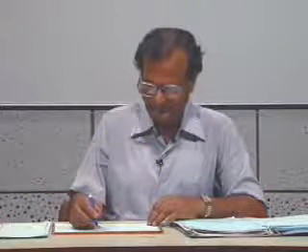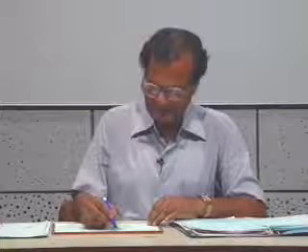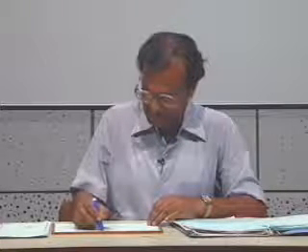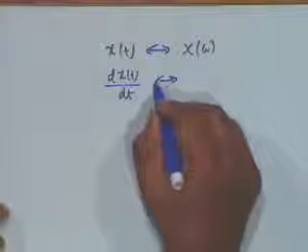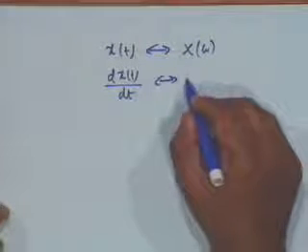Other consequences of duality: you recall that if x of t is the pair of capital X of omega, then dx/dt is the pair of j omega X of omega.